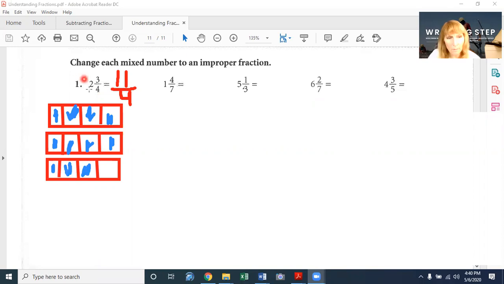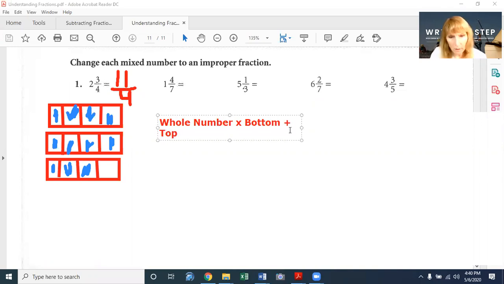So that's 2 times 4 plus 3. So the mathematical shortcut is to take the whole number times the bottom and add the top. That is the mathematical way of doing this without drawing pictures. But I just wanted you to see what we were doing visually.